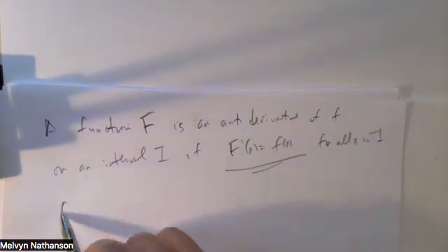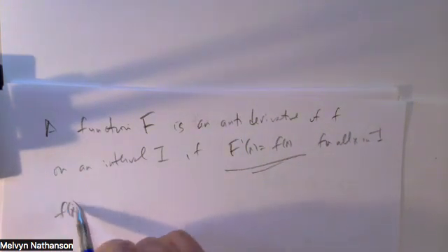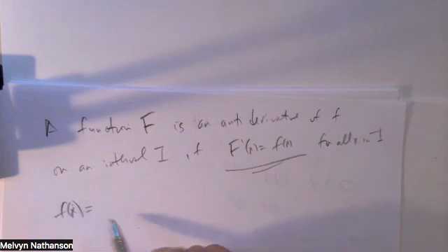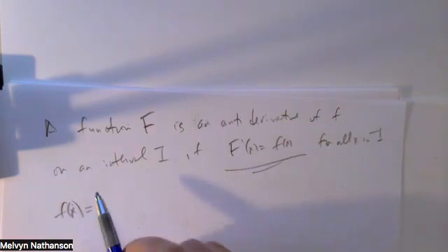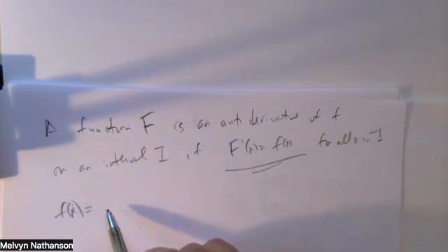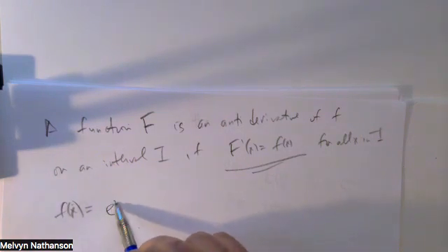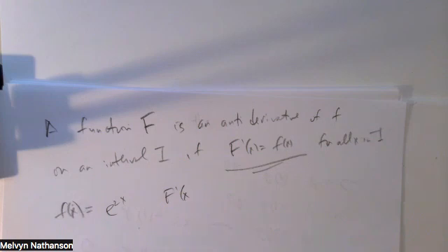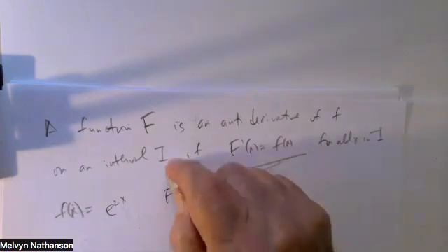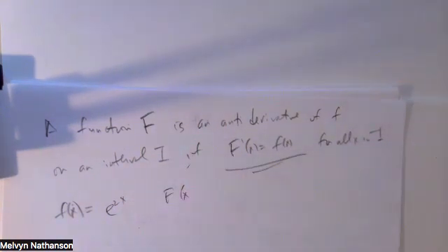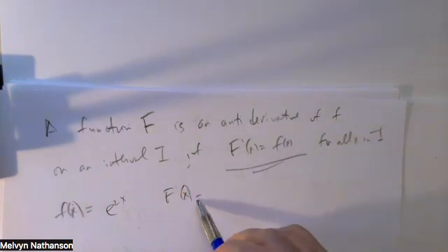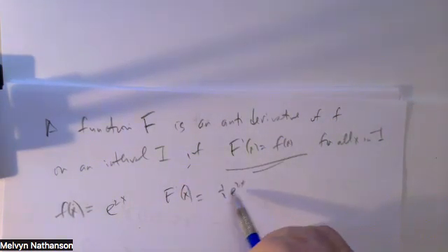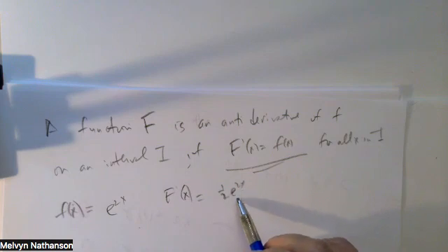So for example, if f of x is, I don't know, e to the 2x, an antiderivative, capital F of x, would be a half e to the 2x, because if you differentiate this by the chain rule, you get e to the 2x.